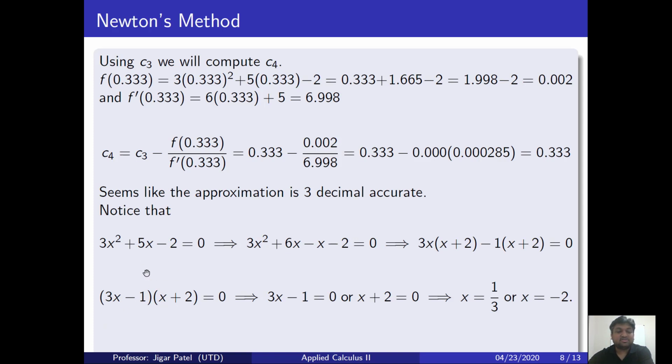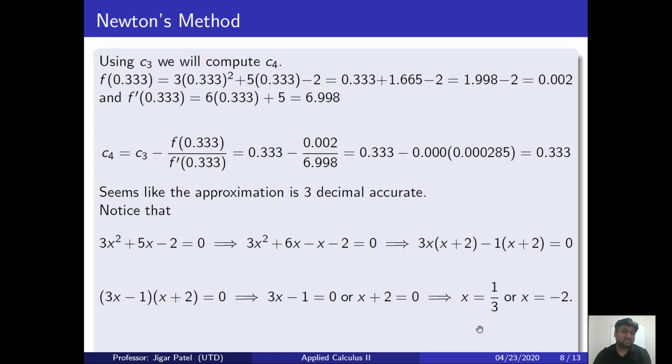This means either the first factor is 0 or the second factor is 0. I get x equal to 1/3 and x equal to -2. Out of these two zeros, x equal to 1/3 is the zero between 0 and 1. What is the value of 1/3?